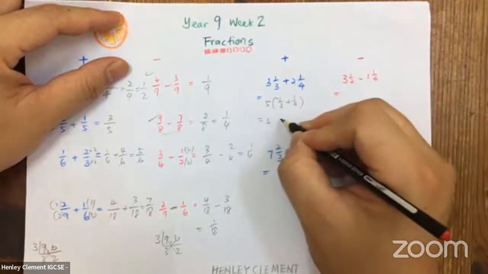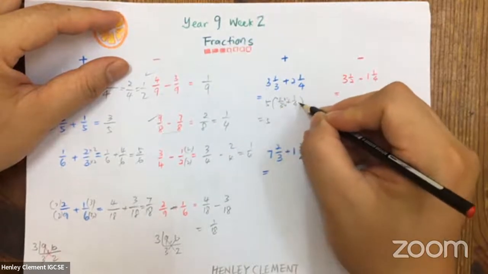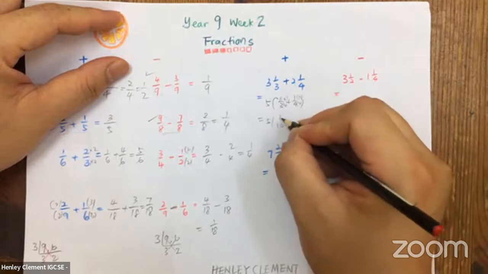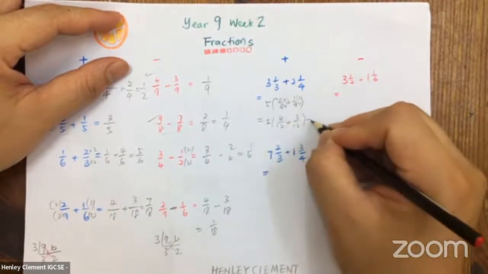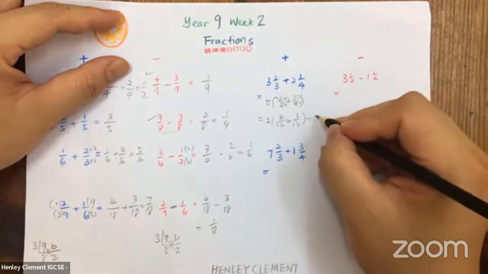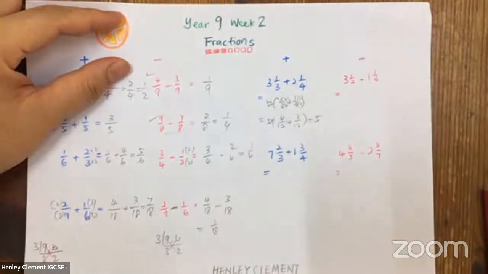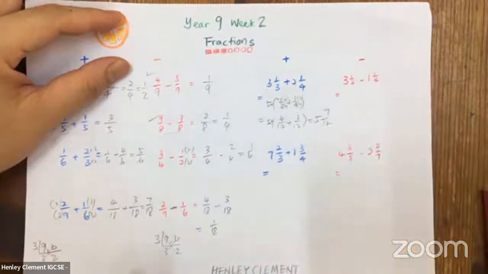So we have 4 over 12 plus 3 over 12. So all we get is 5 and 7/12. Okay, be careful.